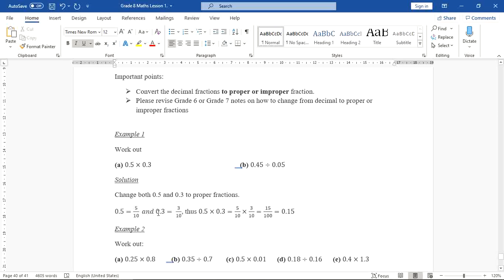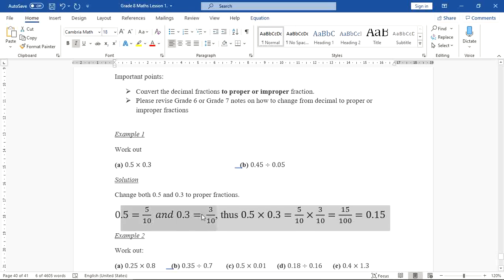And 0.3 has one number after the decimal point, so it's 3/10. So 0.5 times 0.3 is the same thing as 5/10 times 3/10. Now when you have proper fractions, it is much easier to multiply.